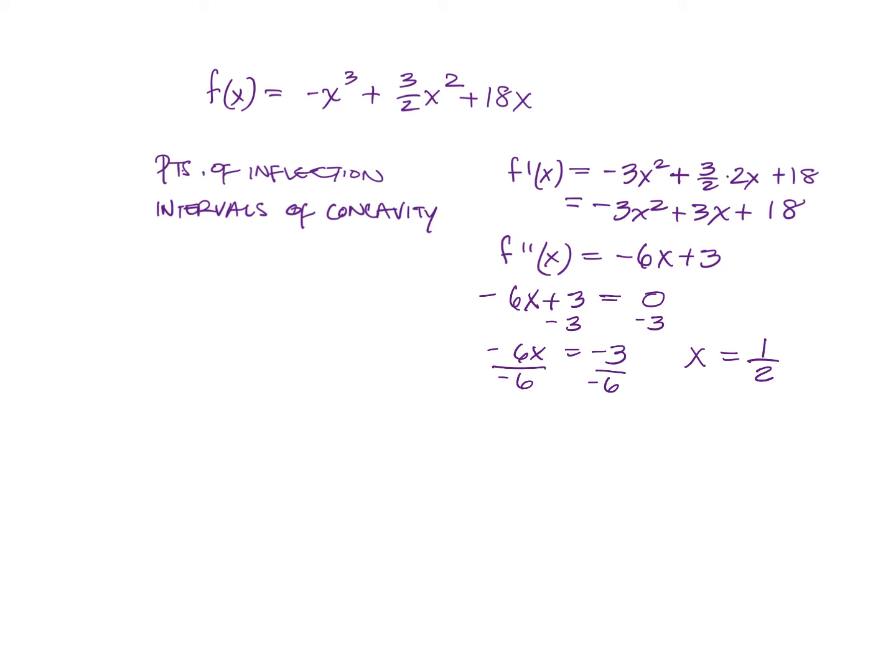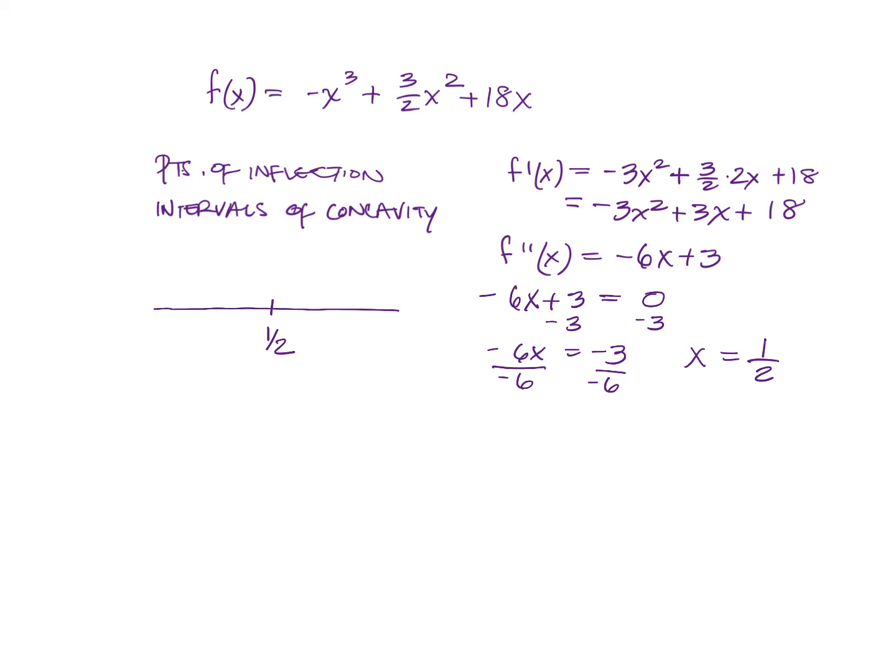Remember, it does not guarantee that it's a point of inflection. We have to test the concavity on either side. So I, again, like to use a number line. I did this with the first derivative test, and I'm going to do the same with the second derivative test. And so we pick a number on the left side of 1/2, and you can pick any number you want. It can be really wacky in the negative direction, or it can be something like 0, because 0 is easy to work with.